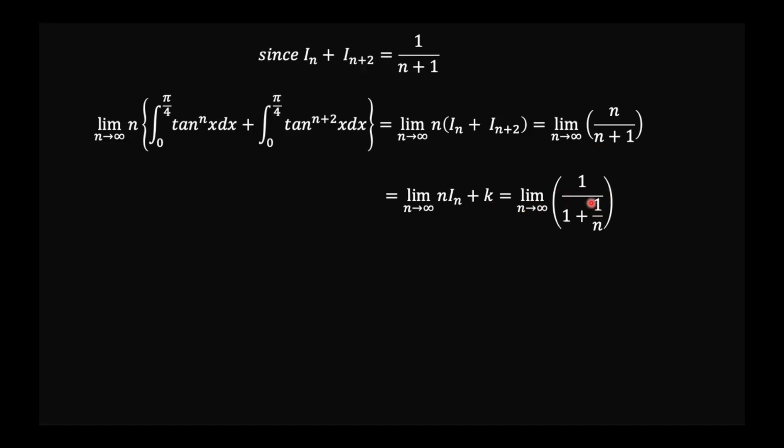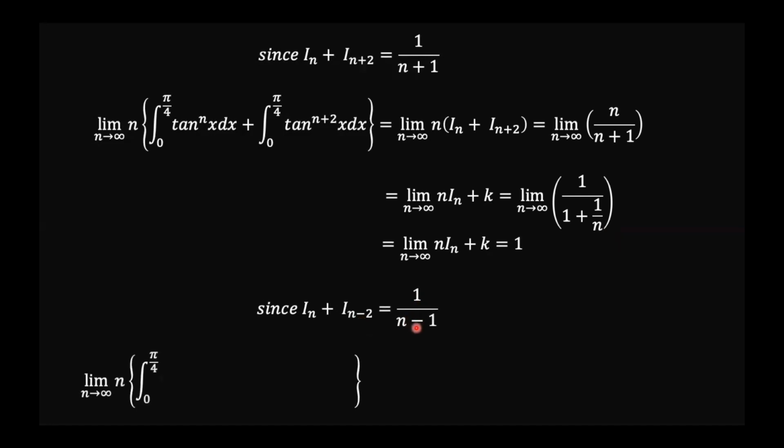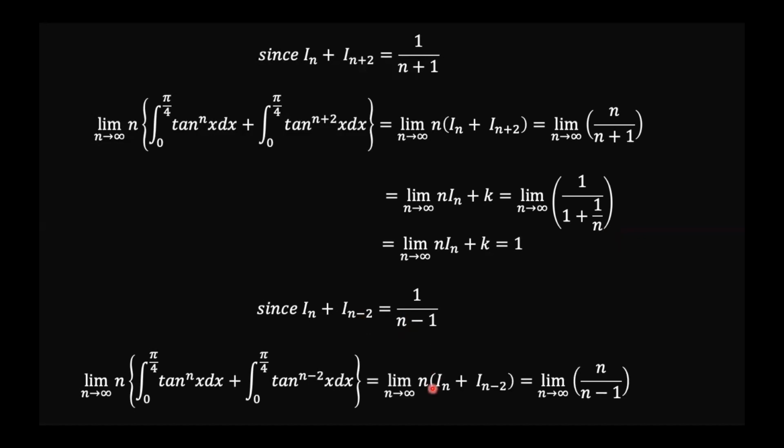We see that we can divide numerator and denominator the same way we did previously. And so this summation here is equal to 1, right? Now, since I_n plus I_{n-2} is equal to 1 over n minus 1, taking the same limit, we can show that the sum of I_n plus I_{n-2}, times n, taking its limit as n tends to infinity, is the same as the limit of n over n minus 1.